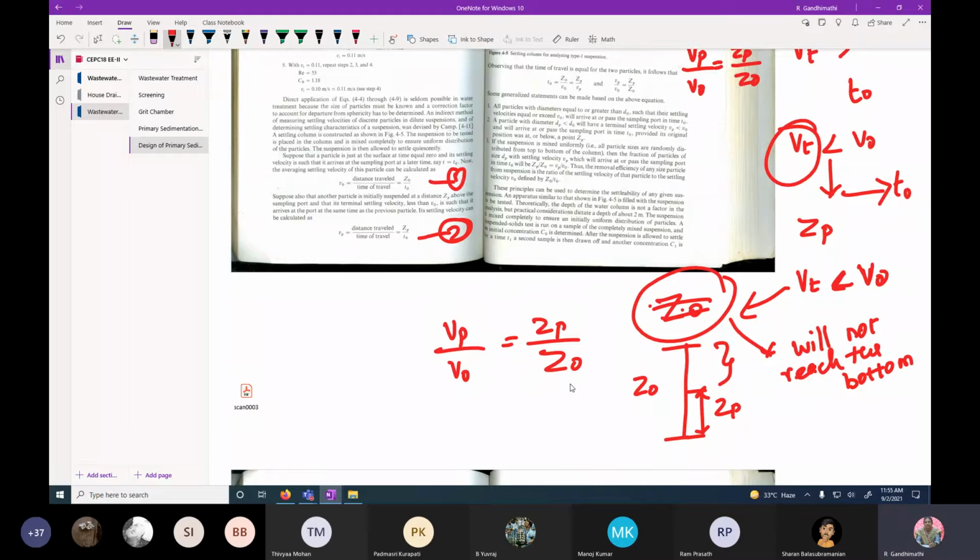They are talking about complete removal of the particle. Complete removal means it settles at the bottom of your chamber. If you take the liquid at the sample port, it is free from suspended solids.